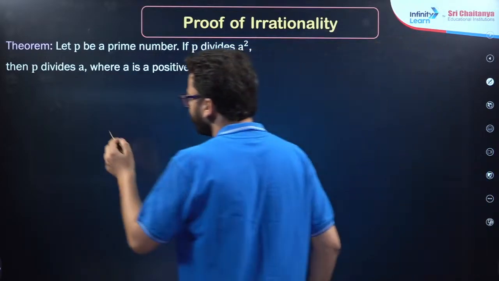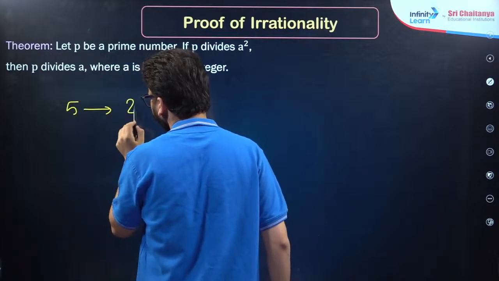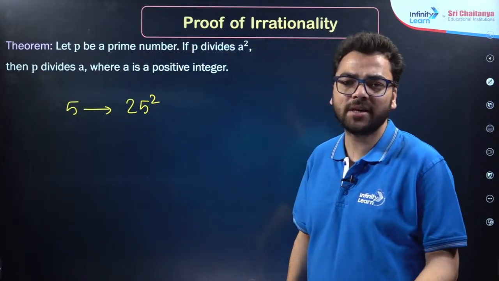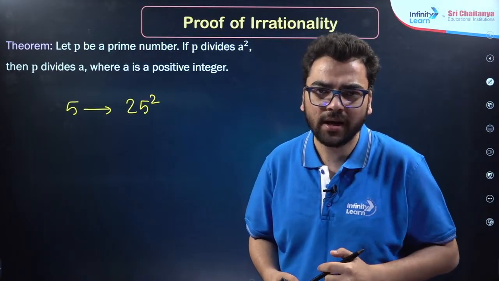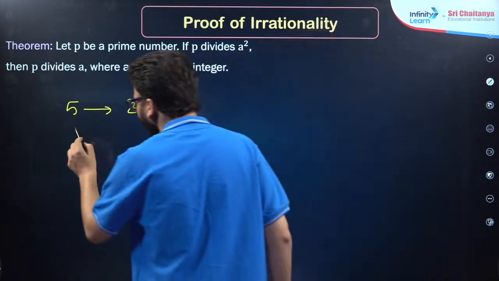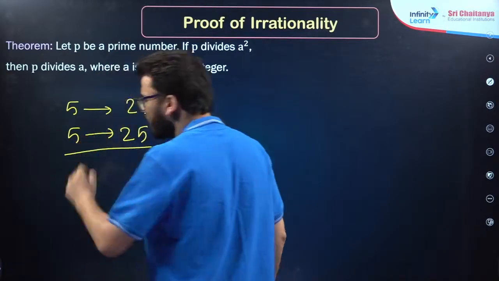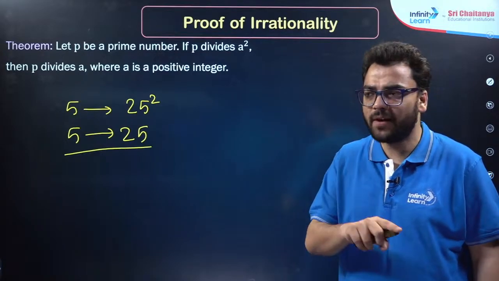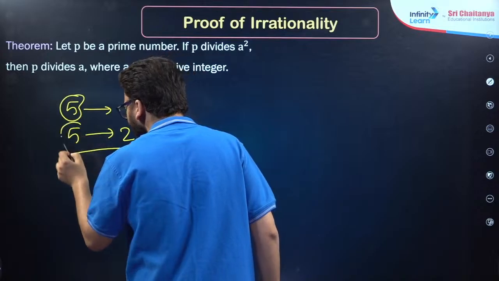For example, 5 divides 25 square. Divides means 5 is a factor of 25 square. Then obviously 5 is a factor of 25 as well, or not? Every time it will happen, but only when this is a prime number.